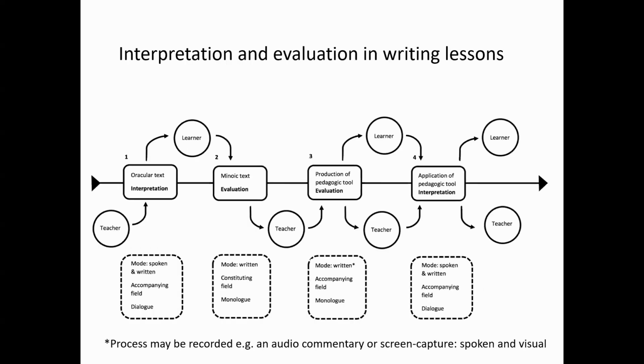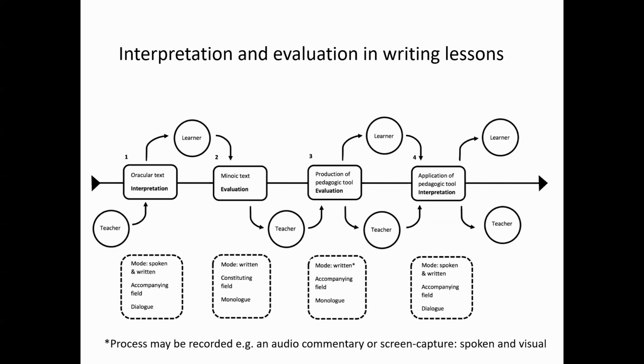So we sort of then had a pattern a little bit like this. All the work, prior to the student doing the writing, looking at example text, lots of explaining. So here, using Van Leeuwen's term, the oracular text, the text that needs interpreting.